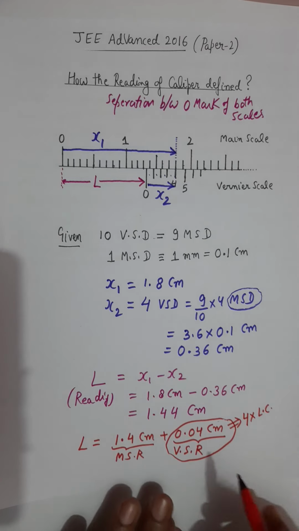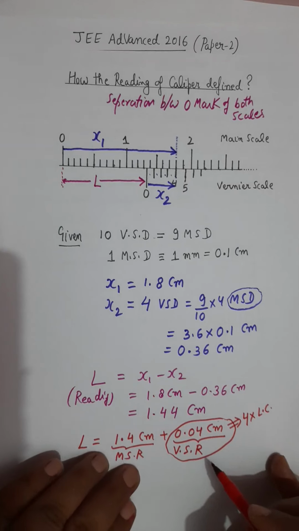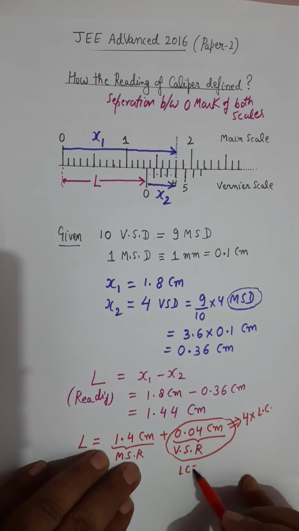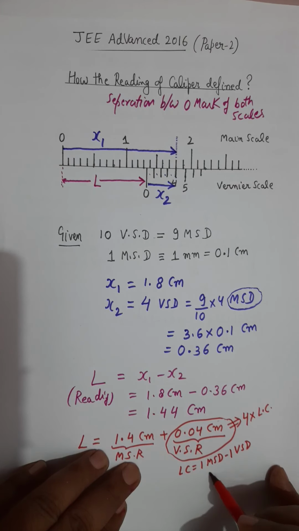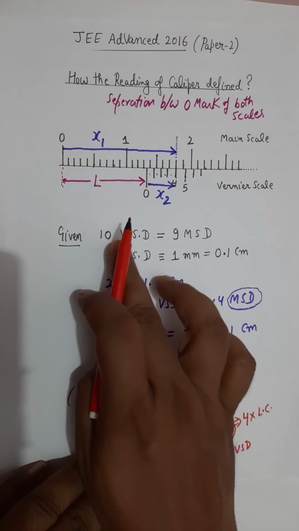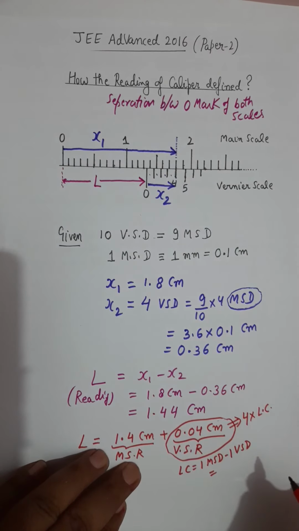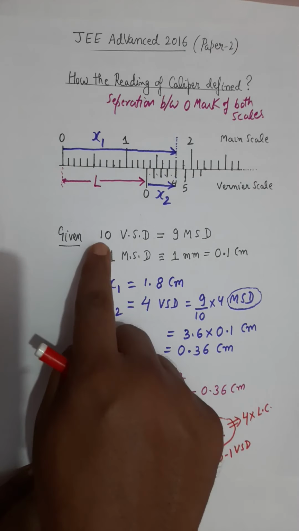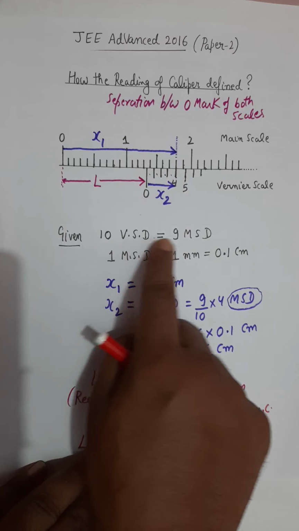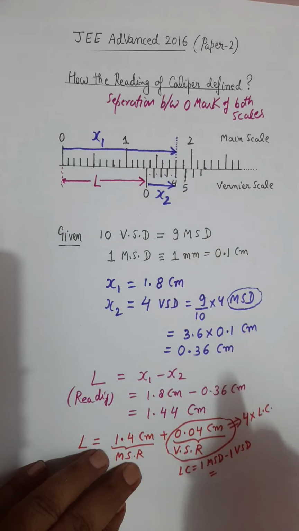They define the least count of the Vernier scale as 1 main scale division minus 1 Vernier scale division. Since 10 Vernier scale divisions are 9 main scale divisions, they do some algebra: 1 Vernier scale division will be 9 over 10 main scale division.